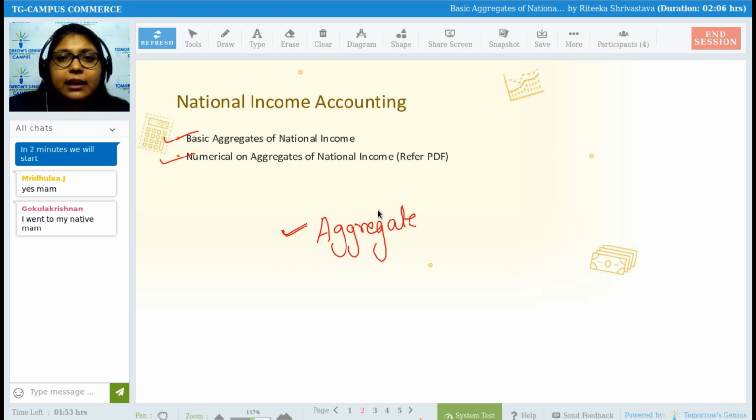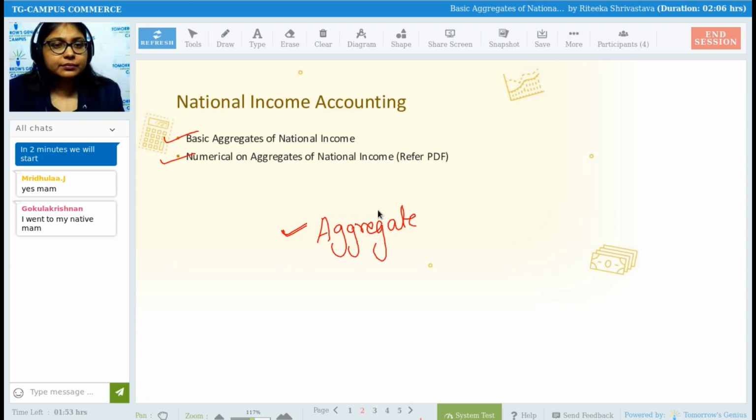Now by the term aggregate, can anybody tell me what we mean by aggregates? Any idea? Anyone? Not a clear definition or a clear meaning, just whatever you know about it, or if you have ever heard about it. Any idea what we mean by the term aggregate?